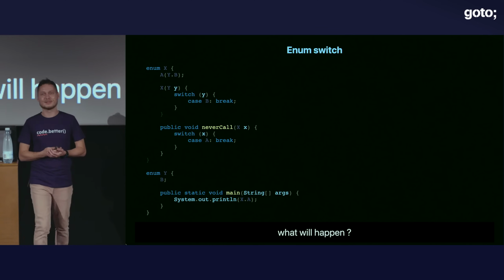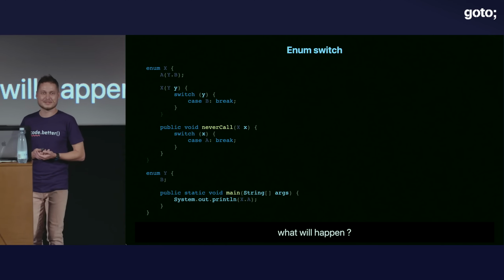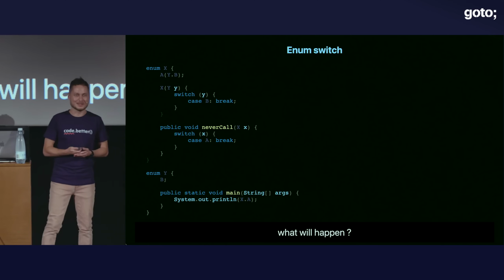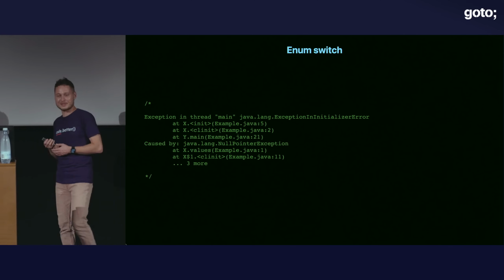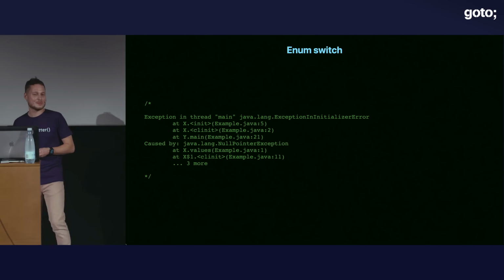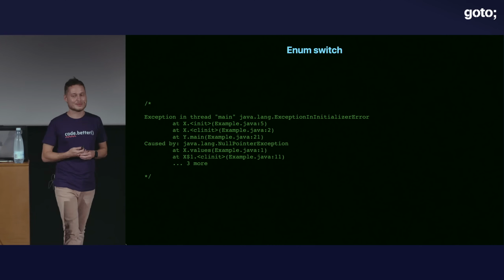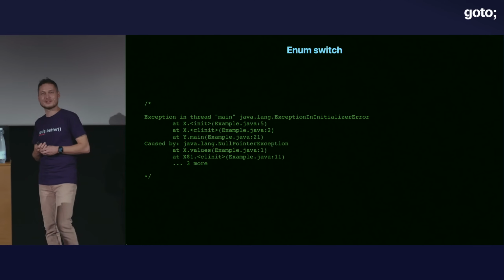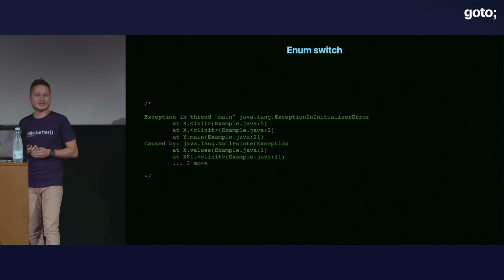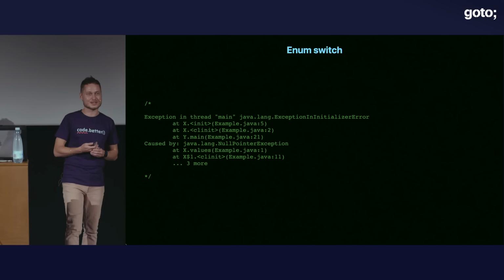What will happen? Yeah, you can answer, it depends. But no, what is gonna happen is actually null pointer exception, wrapped into exception initializer error. There is no cyclic initialization involved in this example.